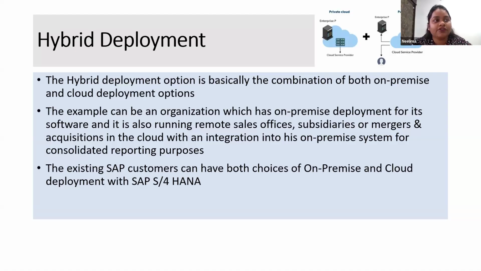And they have multiple cost centers and multiple business areas, and for everything they're using one single platform, SAP. Then they'll choose this hybrid deployment, where they'll have SAP installed in their own data center, which is the on-premise deployment, along with the cloud, where SAP will be available on the internet. Okay, that is what hybrid deployment means.